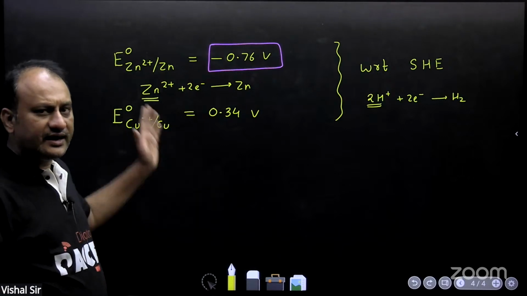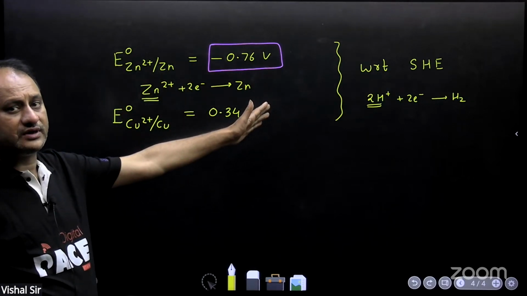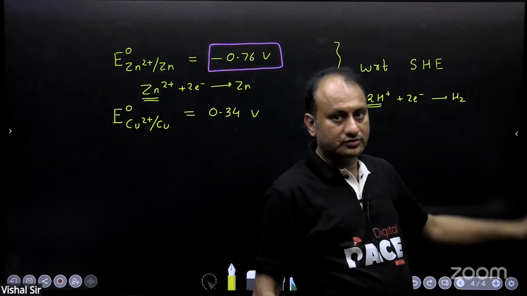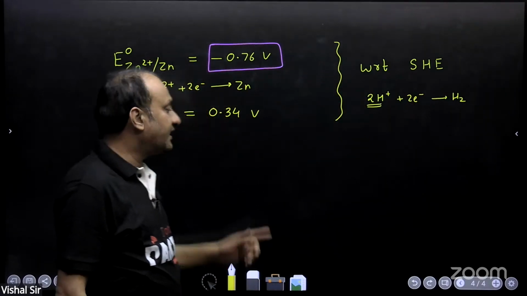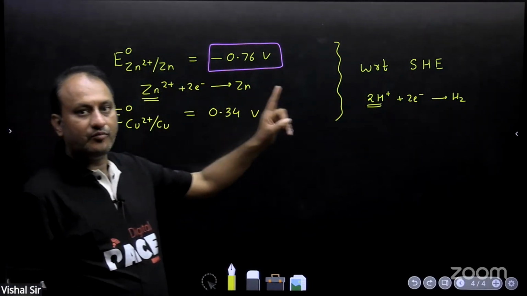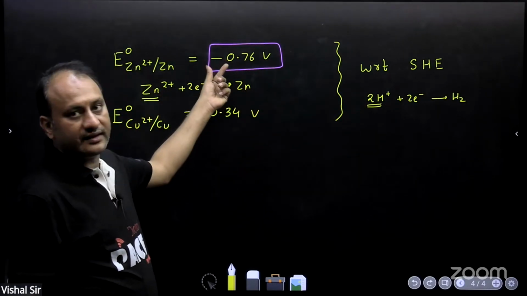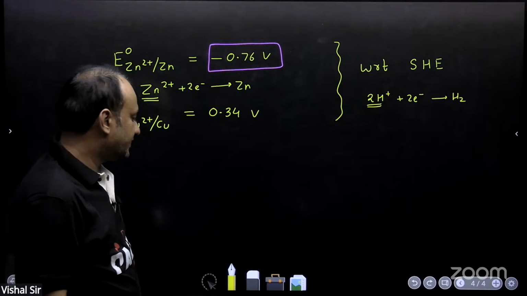Zn2+ does not want to go to Zn as compared to H+ wants to go to H2. It means Zn2+ is more stable than H+. This is the meaning of this negative sign.